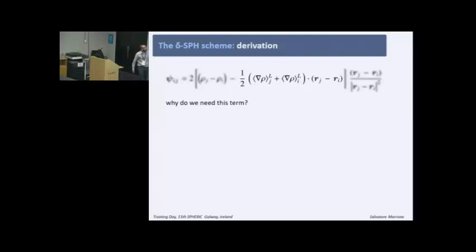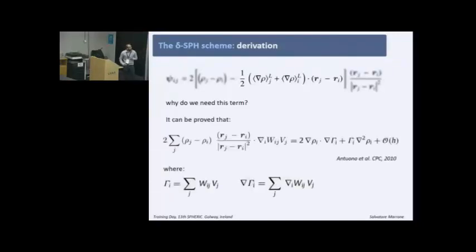Then we have also this term. Okay, what is the role of this term? Actually, if we use only the Morris formula, so the pure Laplacian of the density, it can be shown, as was done by Antuono in 2010, that it can be rewritten as a density gradient times the gradient of gamma plus gamma times the Laplacian of the density.